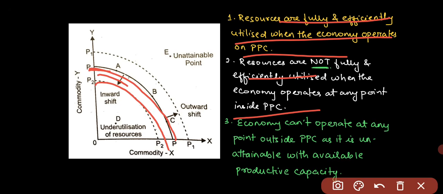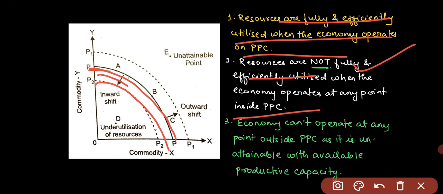This curve you mark. Okay. So, any point inside the production possibility curve represents that resources are not fully and efficiently utilized. And when we think of any point outside the production possibility curve, which is actually an unattainable point, the economy cannot operate at any point outside the PPC as it is unattainable with the available productive capacity, right?